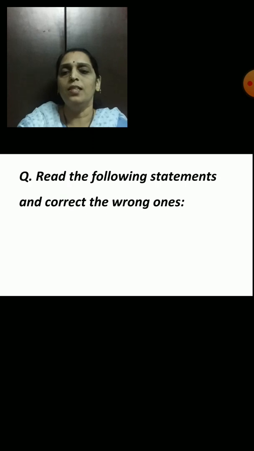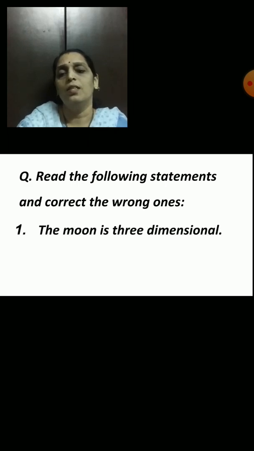Next question. Read the following statements and correct the wrong ones. First question. The moon is three-dimensional. Yes? Who will tell the answer? Is it right or wrong? Yes? Right. Very good.